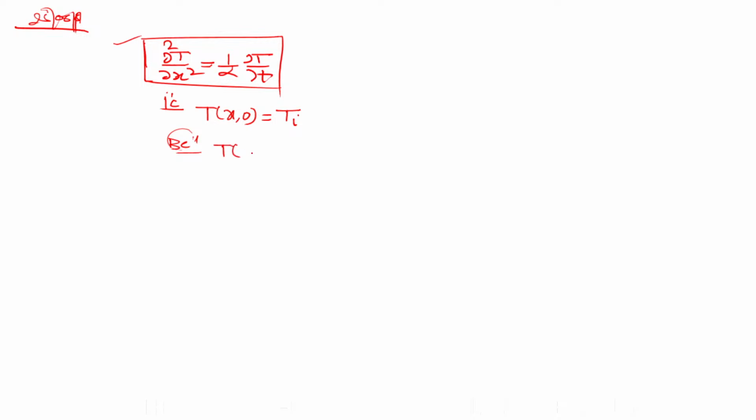Temperature at x tends to infinity, at all time t, is equal to Ti. Clear? Because it is a semi-infinite solid, any change that you can expect is only in the vicinity of the surface. Yes or no?